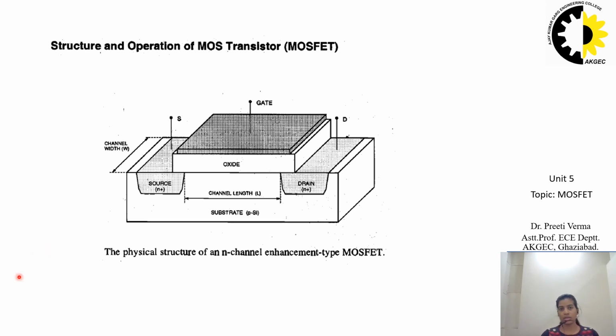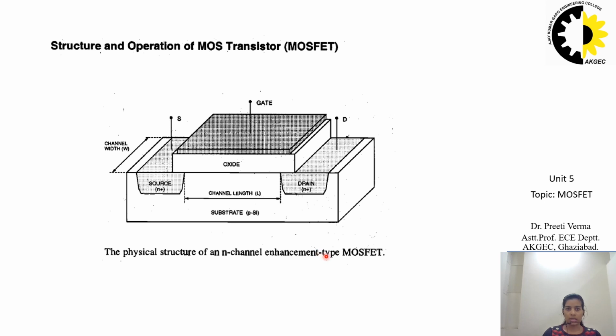So this is the cross-sectional view of the MOS transistor, in which we have a P-type substrate, a heavily doped N plus region named the source, and another heavily doped N plus region named the drain. So this is an N-channel enhancement type MOSFET.